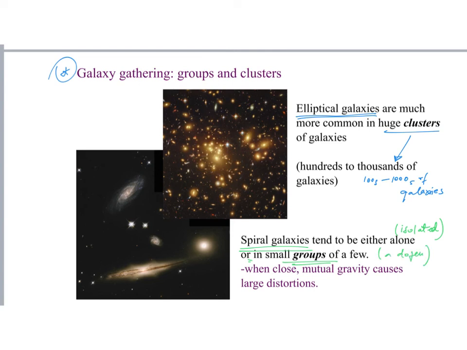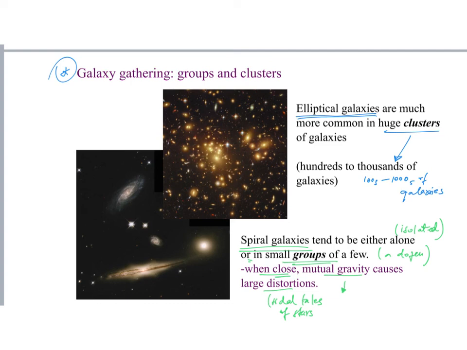And when they are close, then with that gravitation there are large distortions, there are tidal tails of stars whose morphology has been disrupted in a certain galaxy, and they're kind of on a collision course.